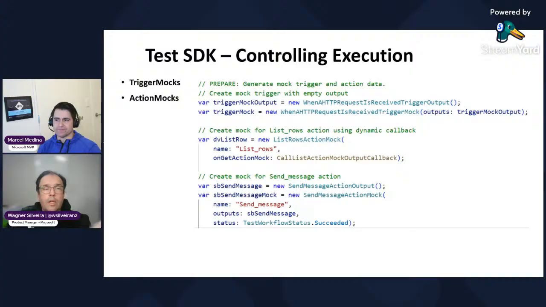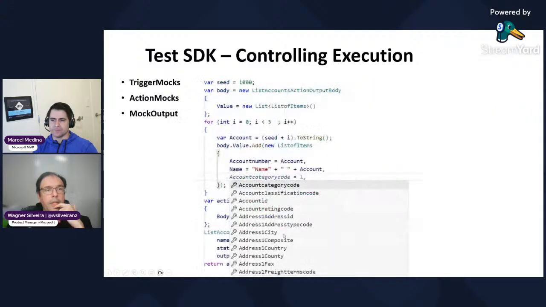Let me go through a little bit of that SDK. We have mocks. You need trigger mocks and actual mocks, as I said, and here are different examples of how you can create them.